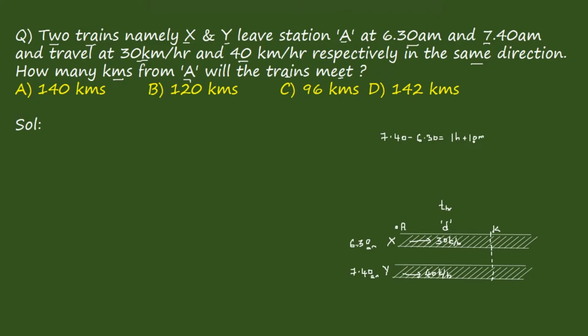Converting totally into hours, it becomes 1 hour plus 10 by 60, which is 7 by 6 hours. It is late by 7 by 6 hours. So the time taken by train Y to move from A to K is T minus 7 by 6 hours.